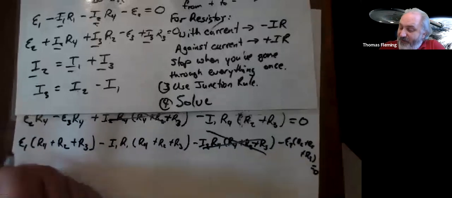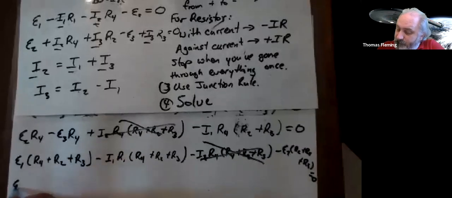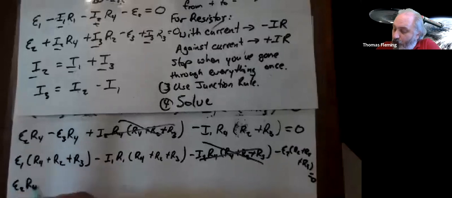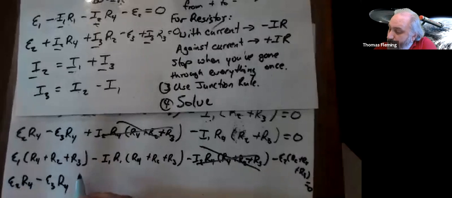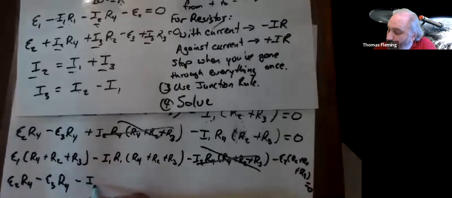So we have EMF2 times R4 minus EMF3 times R4 minus current 1 times R4 plus R2 plus R3. That's this. Now I've got this one.